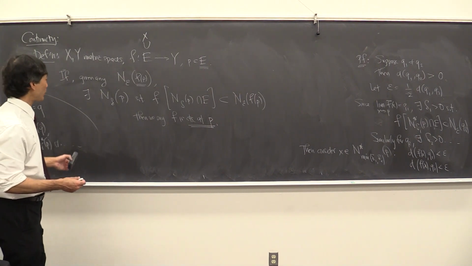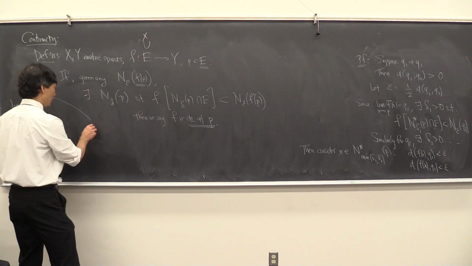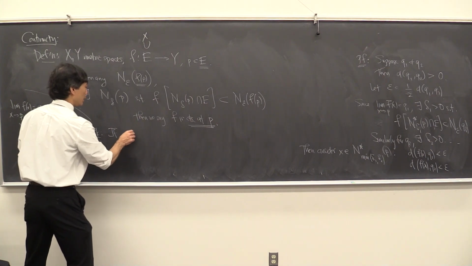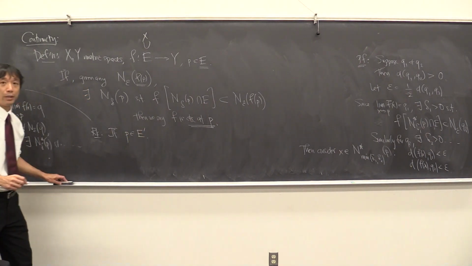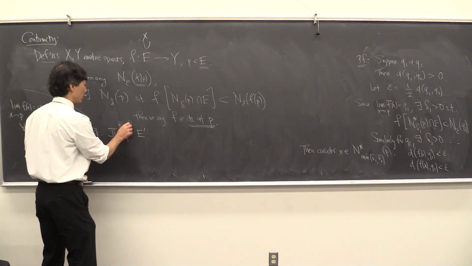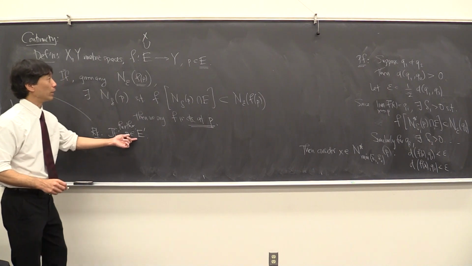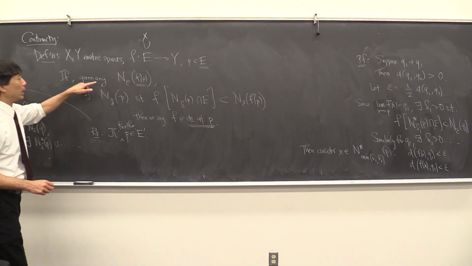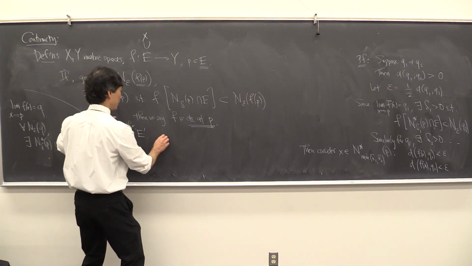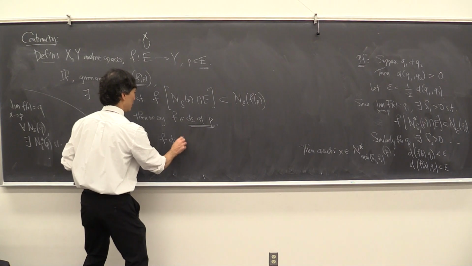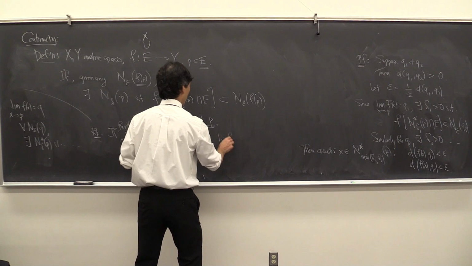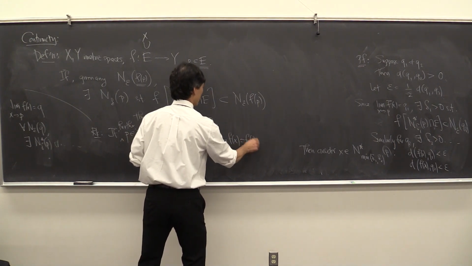Okay. So what you want to observe is that, as a remark, if p were further a limit point, then f continuous at p is the same thing as saying that the limit of f of x is f of p.